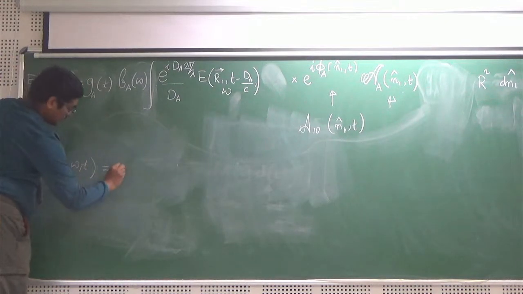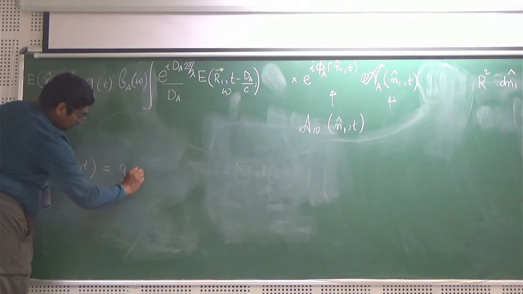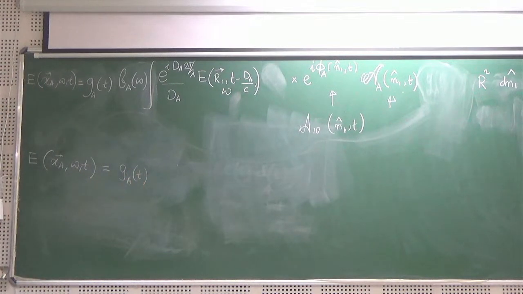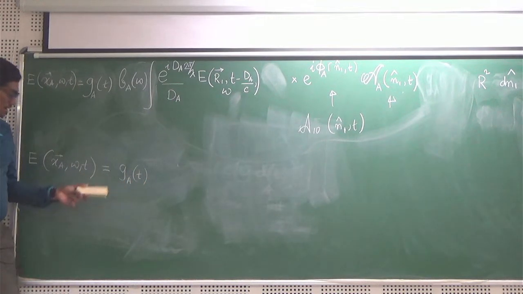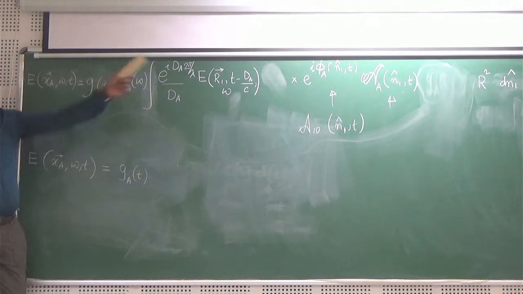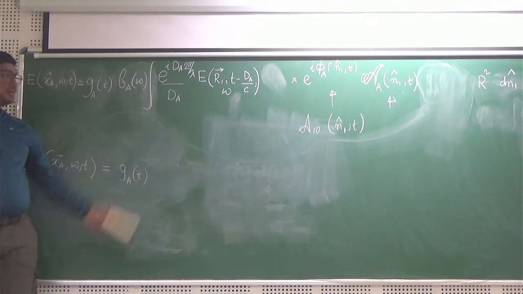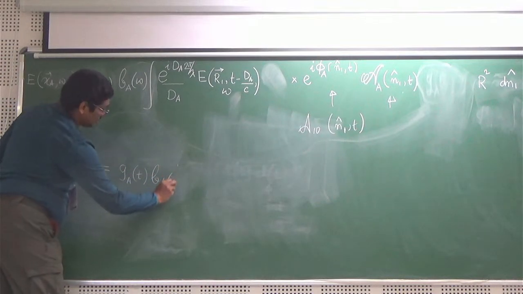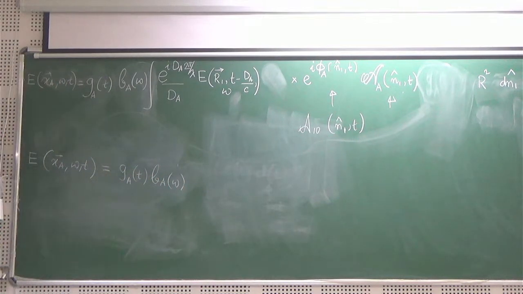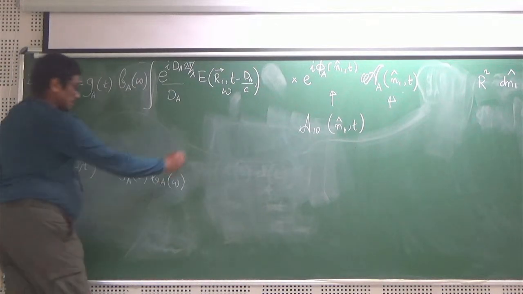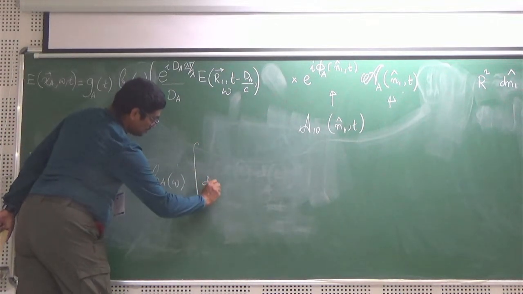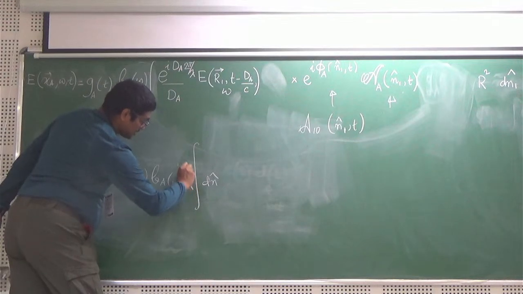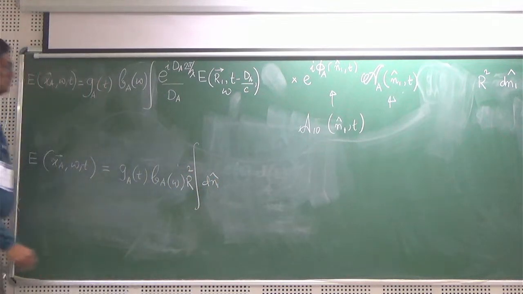So I have this GAT, which now has dependence from the electronic gain, also the isotropic dependence from the ionosphere. Then I have the beam term. Let me write d n cap here, and that's r square which I take out.